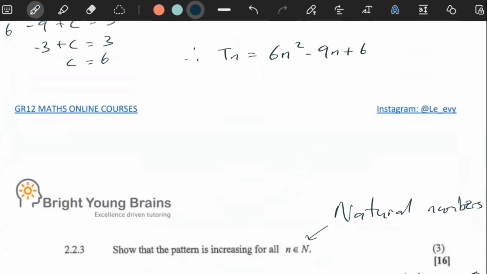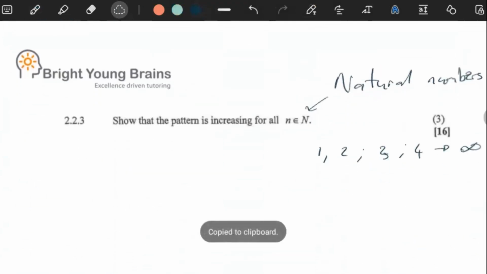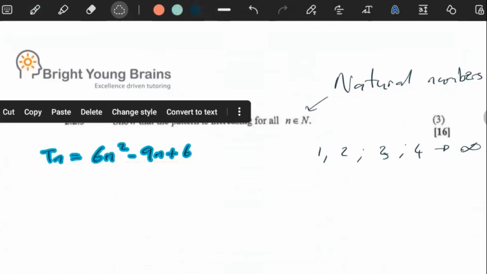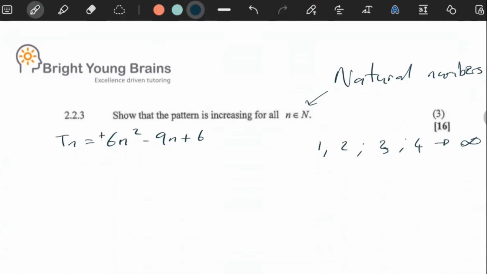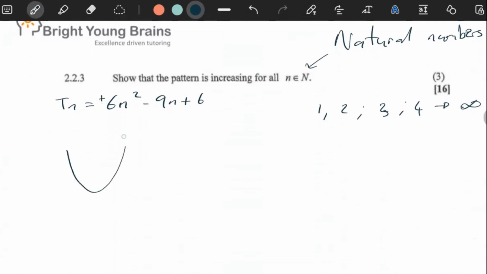The best way to go about this kind of question is to think of how a parabola behaves. Remember, a quadratic equation is a parabola. We already know this is a parabola that is smiling, and it's going to look something like this. This parabola has a turning point somewhere.